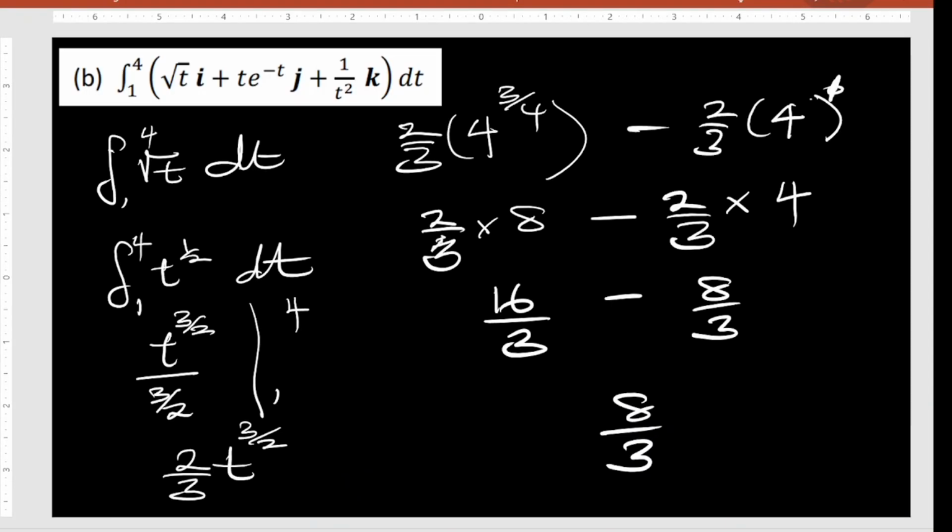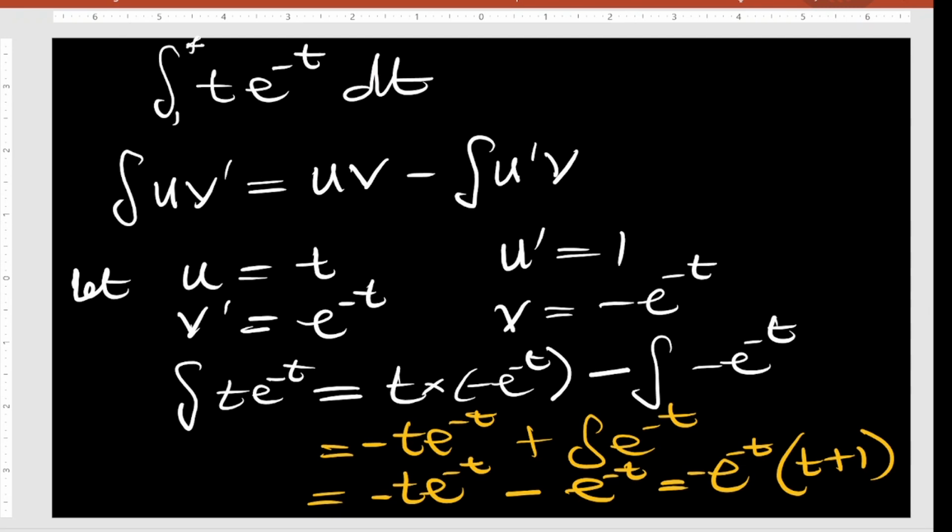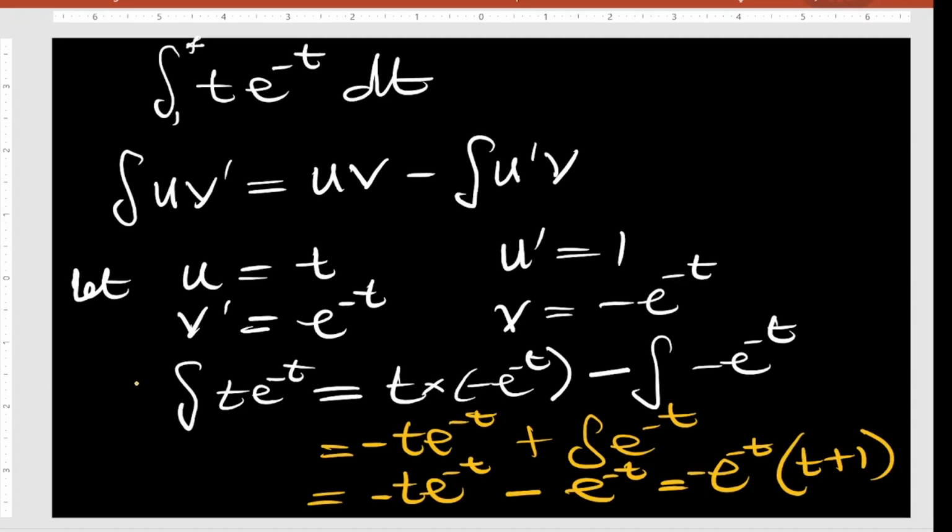We go to the last one, which is 1 over t squared. Integration of 1 over t squared dt. Sorry, we have to find the value of this expression from the upper and lower limits. So let's do that before we go to the next component function.